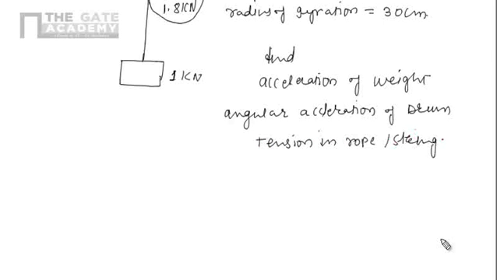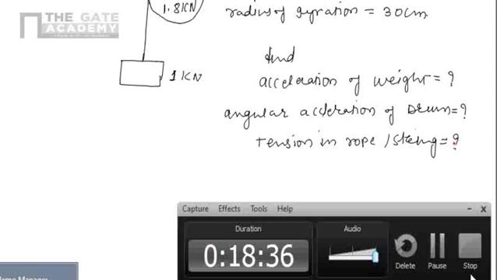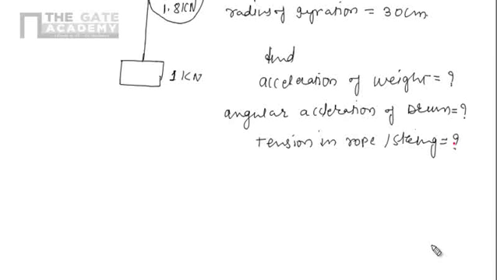So here in this problem we are interested in acceleration of weight, angular acceleration of drum, and tension of string. So we can apply the D'Alembert principle here for solving this problem.